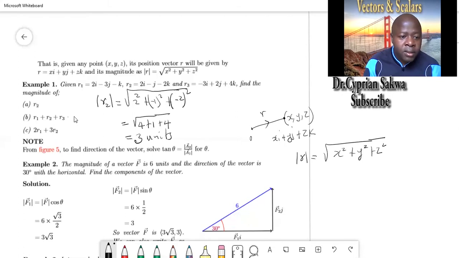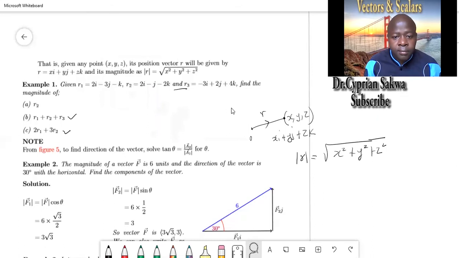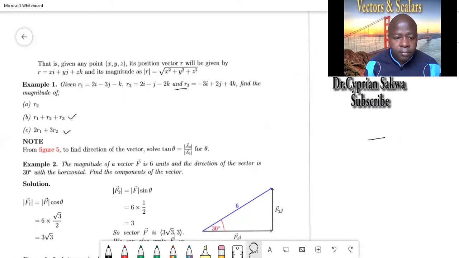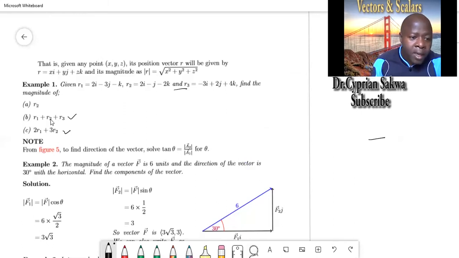Now, I'll do this, then I leave this as an exercise. So let's try and do that. We just clear this part, and then we'll use it. Okay, so we're supposed to add r1, r2, r3 and get the magnitude of that.